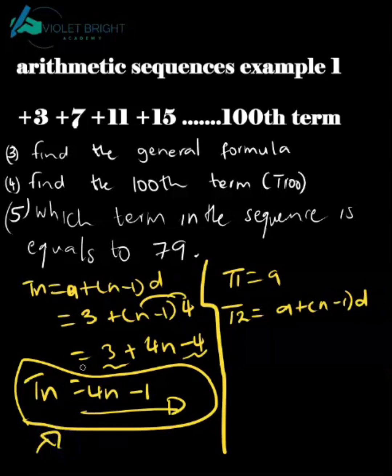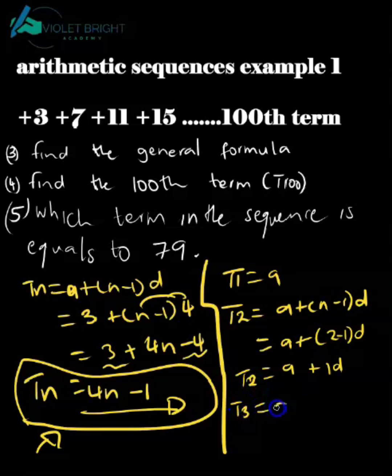I just want to show you a simple trick of how you can try solving for A and D. So we know that T2 is A plus 2 minus 1 D, and here it's gonna be A plus 1D. So T3 is gonna be A plus 2D. T4 is A plus 3D. So it's more or less like that.